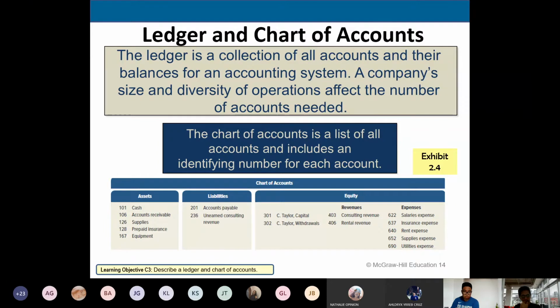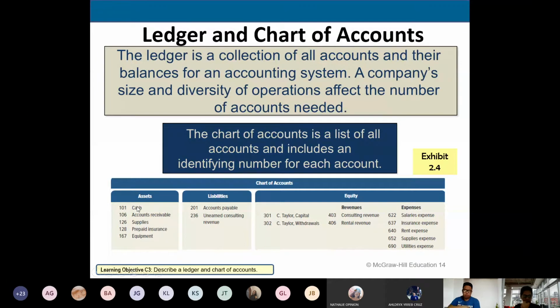Okay? So kung halimbawa, meron tayong account na cash and cash equivalent, so depende na sa company kung anong identifying number ang ilalagay nila, such that every time na gagamitin yung account na yun, meron siyang specific identity. Okay? In terms of a number or a code.